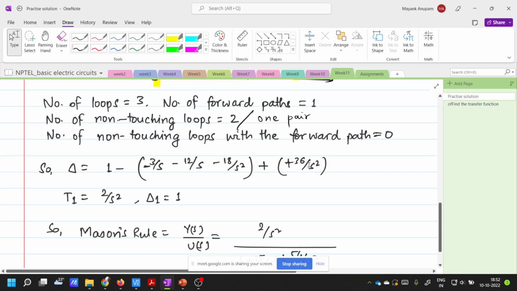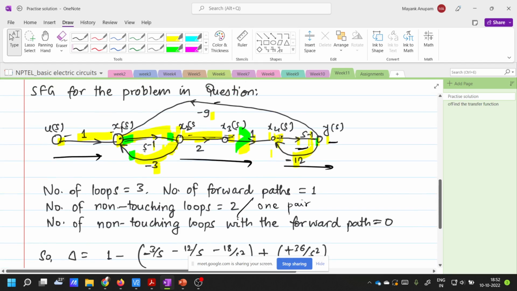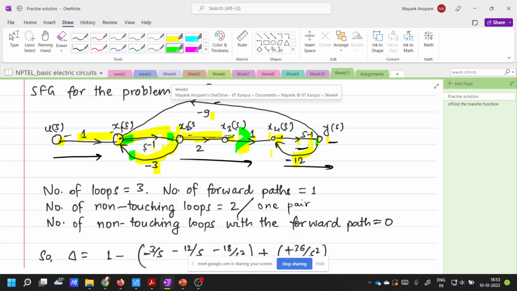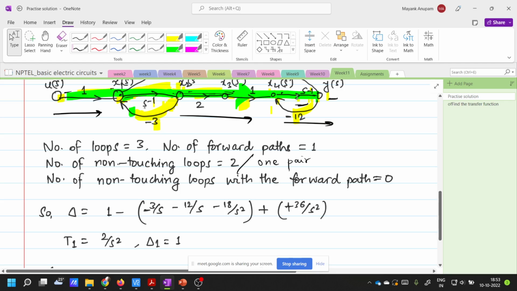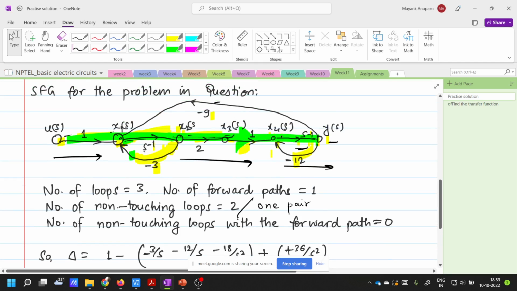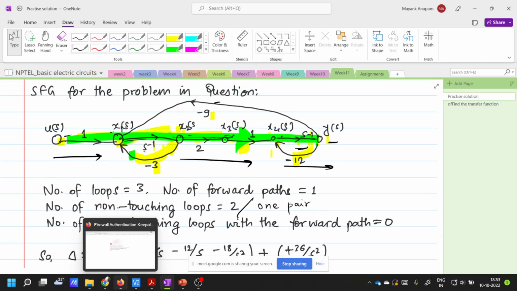Now you have simply one forward path, right? So the forward path is only one.